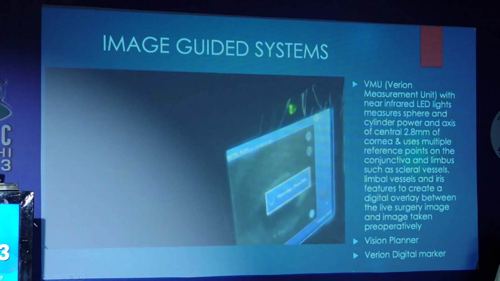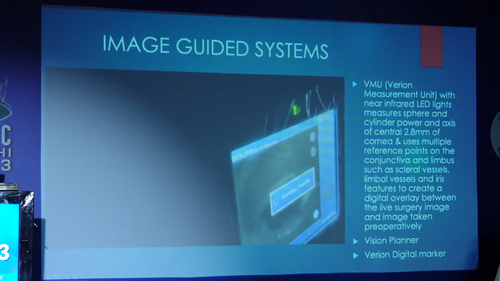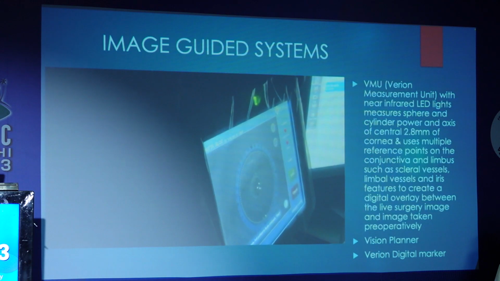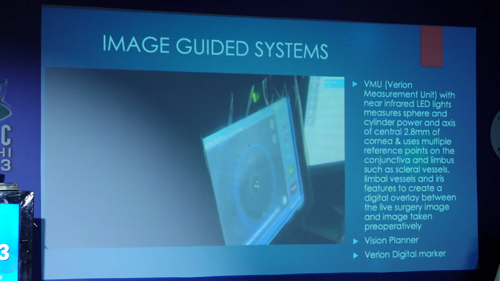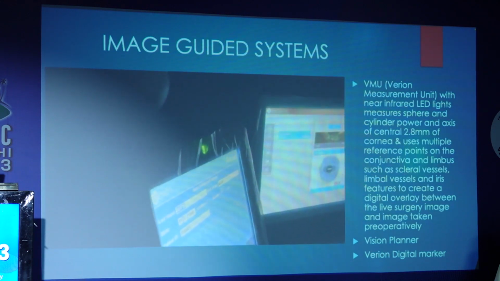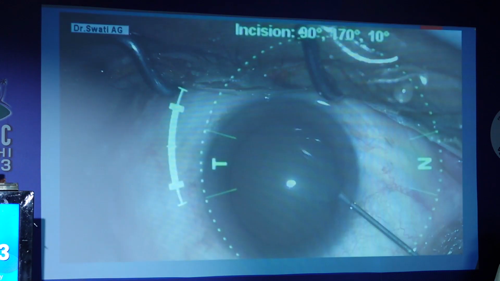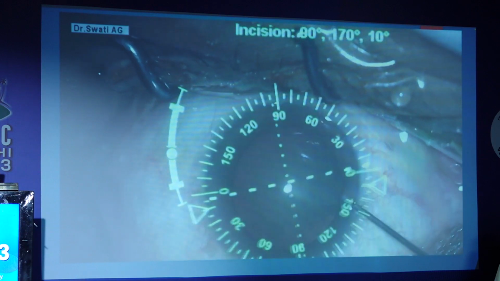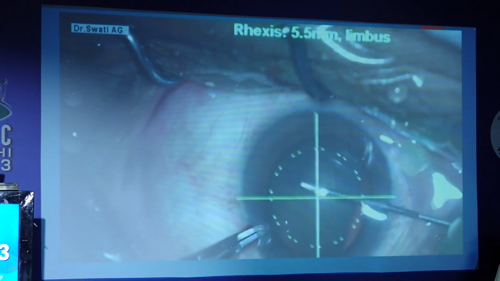Then the data is passed on to the Vision Planner and then to the Verion digital marker. This helps in reducing any surgeon-induced or assistant-induced transcription errors, which is very important, as we've just discussed in a few talks back. Over here, this image guided virtual marking can be seen.